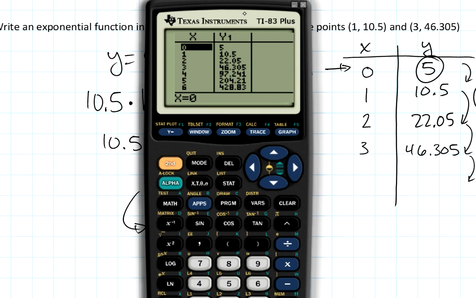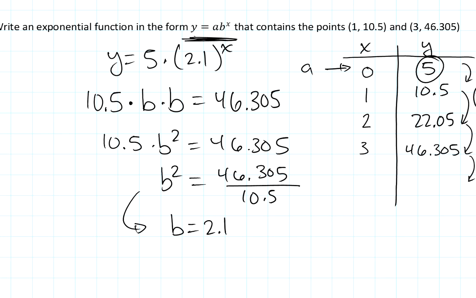When it's 1, I have 10.5. When it's 2, I have 22.05. When x is 3, I have 46.305. So this function is doing an excellent job of producing these observed values, and importantly the two that I started with. So that's my answer to question number 9.